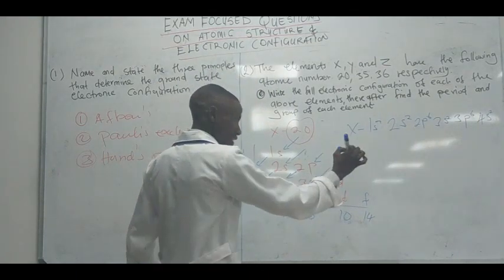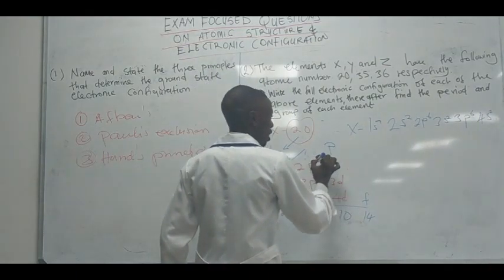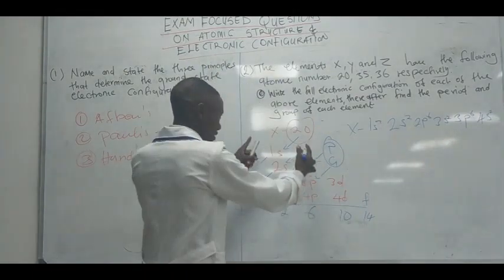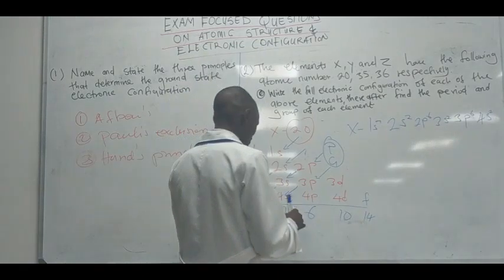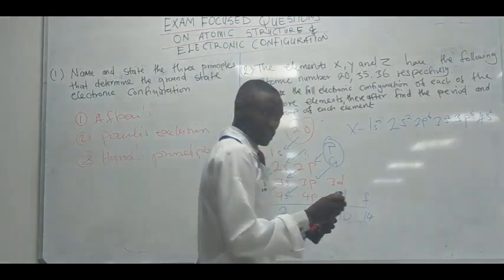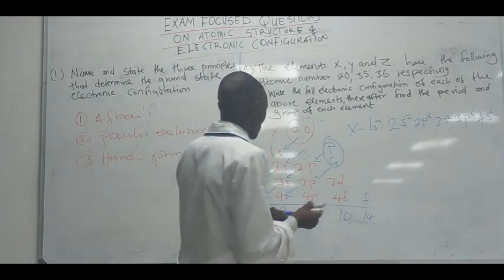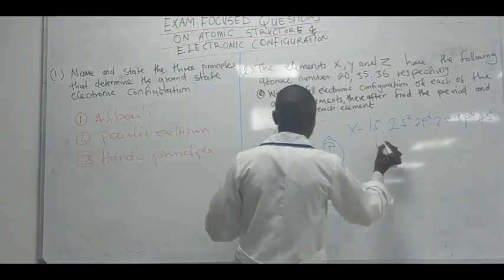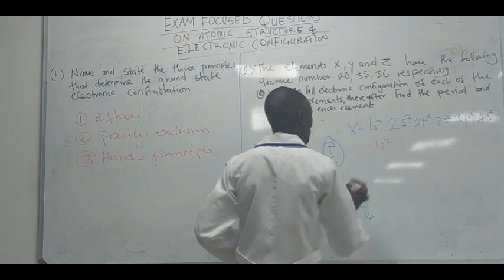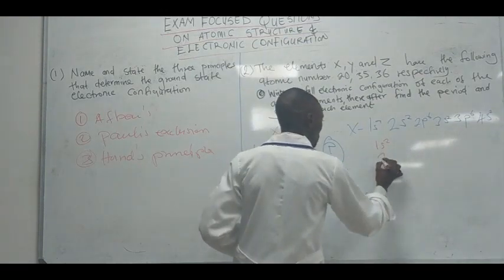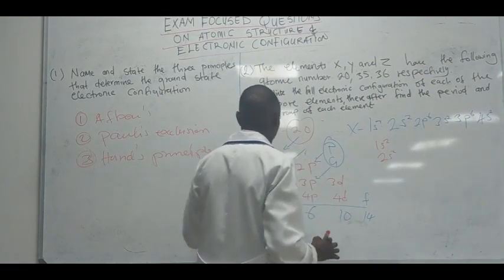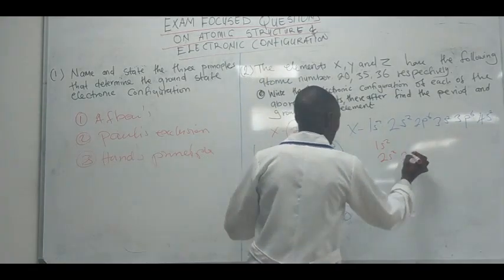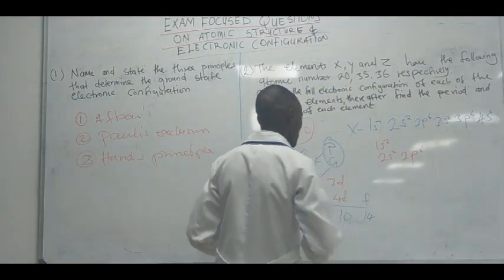So from this data, we should be able to get the period and also the group. So let's go ahead and illustrate that information in this way. Okay, so let me just use a different marker. I'll start with 1s there, put my 2, and then I'll come to my 2s. I'll put my 2 there, then I'll come to my 2p, and then I'll put my 6 there.